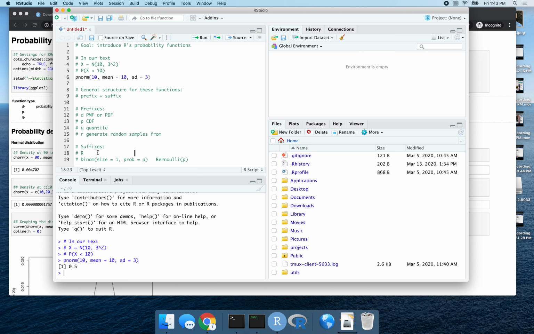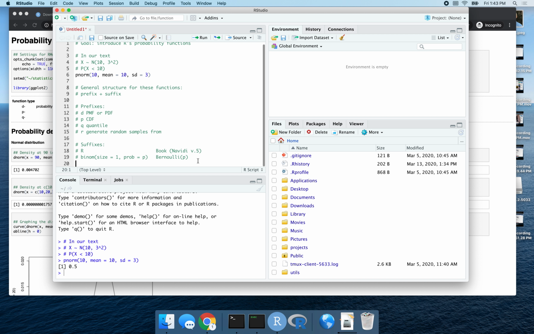On the left-hand side, I'm making a column here, that's R, and this is our book, version 5. Besides that, we have binom with size equal to n and prob equals p. This is binomial n and p, because Bernoulli is a special case of binomial when n is equal to 1. We can understand it that way.